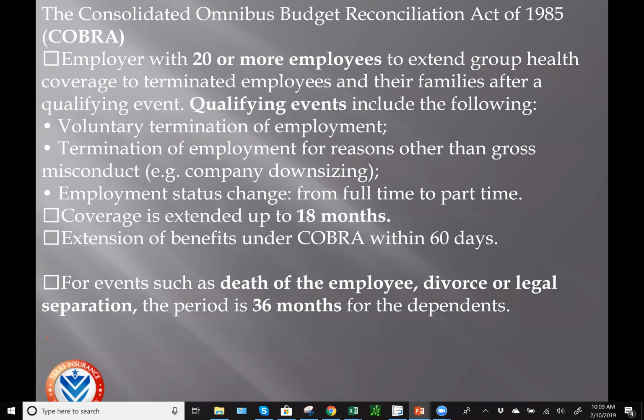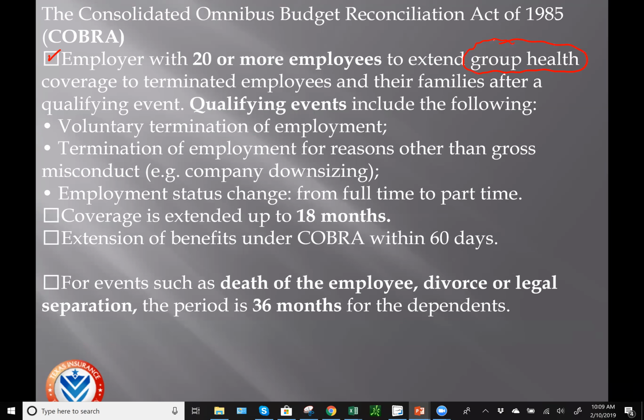COBRA, which is the Consolidated Omnibus Budget Reconciliation Act of 1985, is federal legislation. Now, there are a lot of numbers here in COBRA that I need you to know. First, COBRA applies to employers with 20 or more employees to extend group health coverage to terminated employees and their families after a qualifying event.